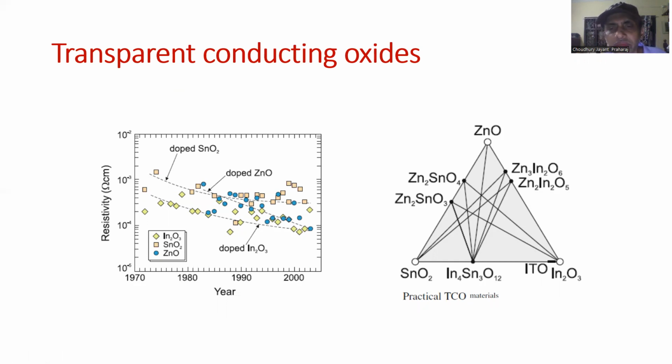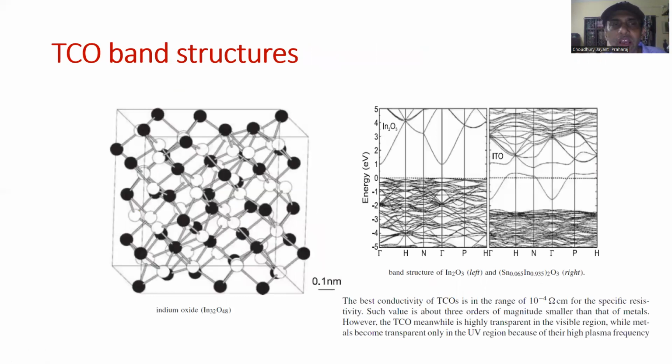contact technologies. So as we mentioned previously, there is a plasmon frequency, or the plasma frequency, which determines the dielectric function variation with frequency and the kind of reflections and the absorption that we get in these transparent conducting electrodes. So the next slide shows some typical band structures of transparent conducting oxides.